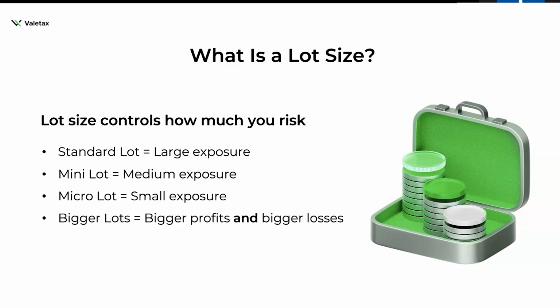Now, there is another lot size, which is called the nano lot. The nano lot is usually for a cent account. Why? The cent account is a very small account, which is advised to be the best practicable live account for new traders.